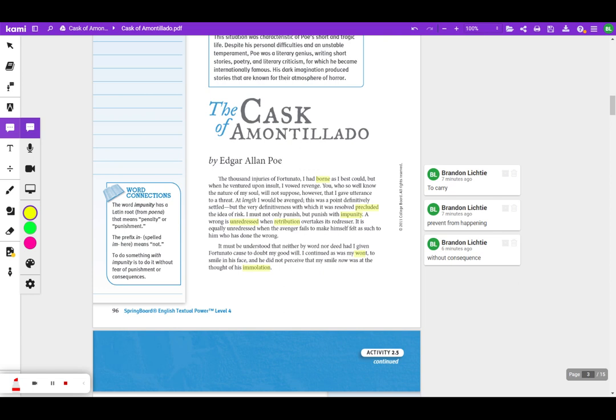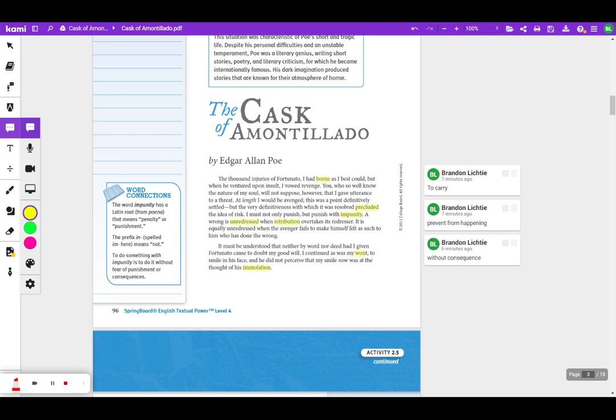The thousand injuries of Fortunato I had borne as I best could, but when he ventured upon insult, I vowed revenge. You, who so well know the nature of my soul, will not suppose, however, that I gave utterance to a threat. At length I would be avenged. This was a point definitively settled, but the very definitiveness with which it was resolved precluded the idea of risk. I must not only punish, but punish with impunity.